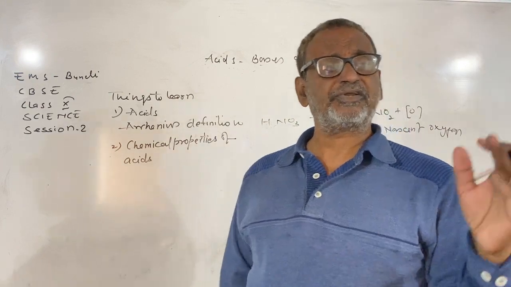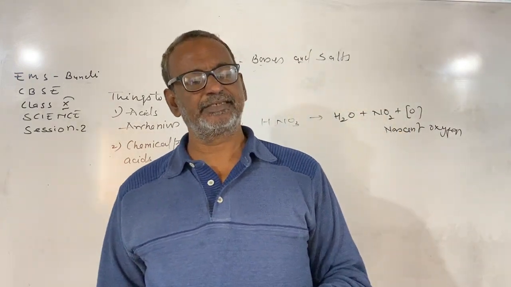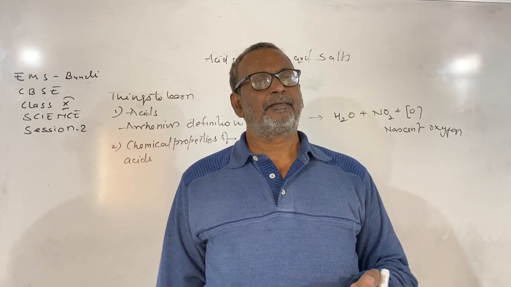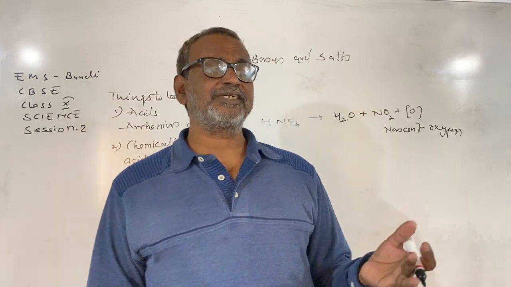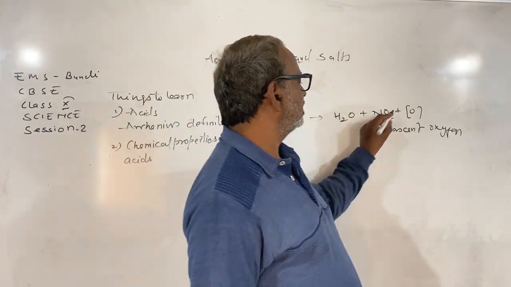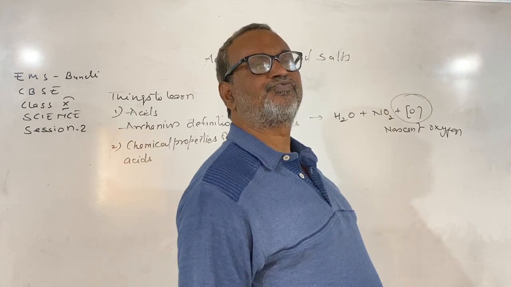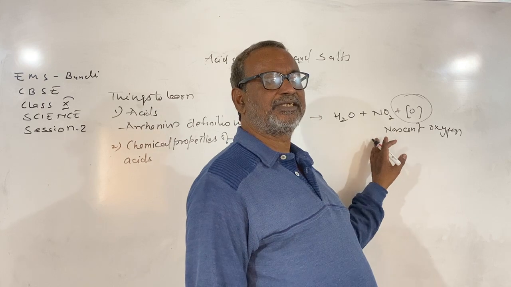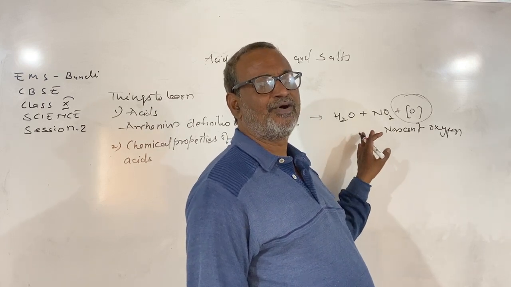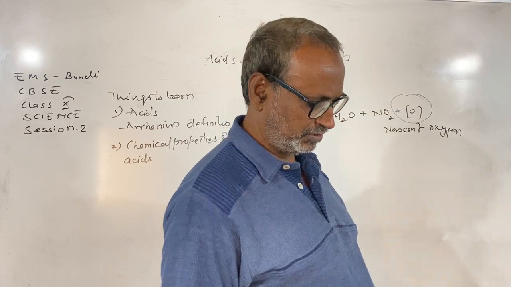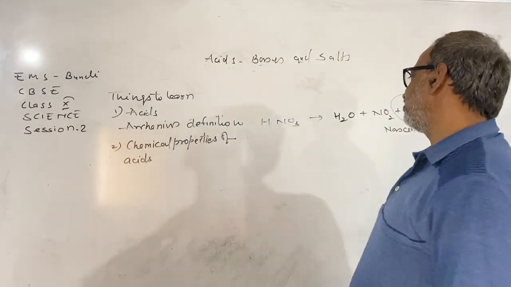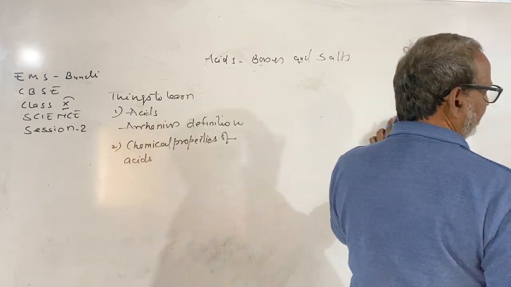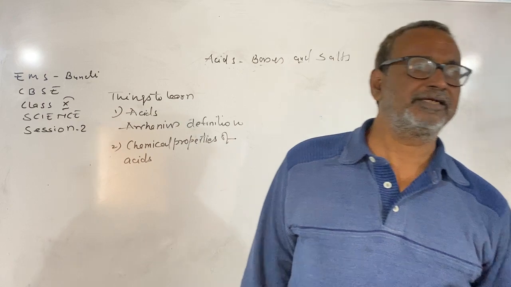Nitric acid also reacts with metals and liberates hydrogen gas, but the hydrogen gas formed is oxidized to water. Therefore, nitric acid does not liberate hydrogen gas even with those metals which are above hydrogen in the reactivity series. Very dilute nitric acid, however, reacts with a metal like manganese to liberate hydrogen gas.